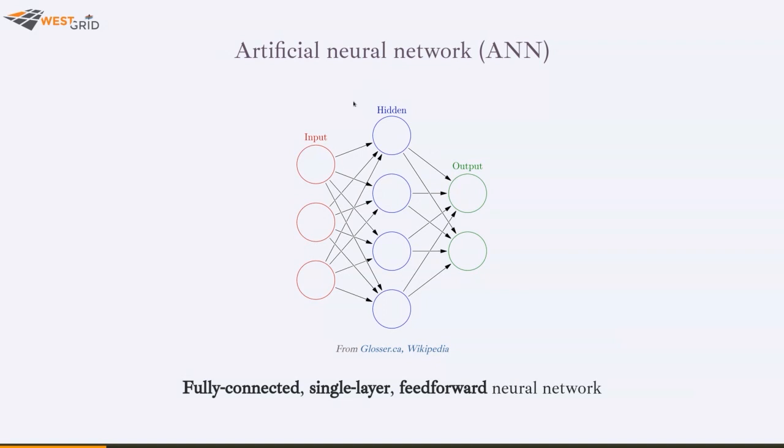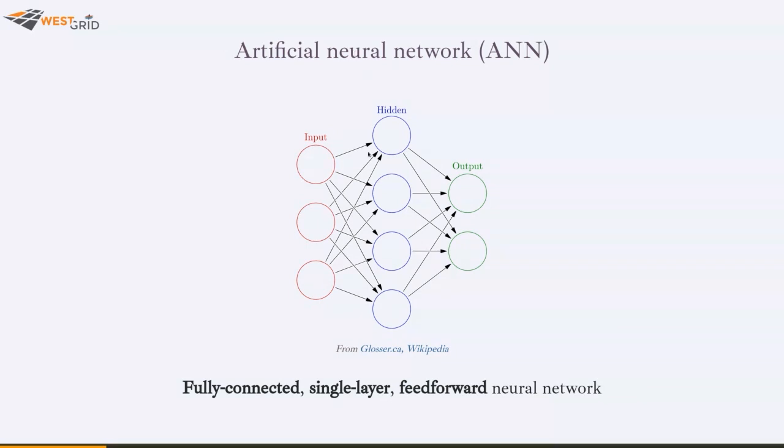It is a single layer neural network. When we count layers in neural networks, we only count the number of hidden layers. So a neural network has first an input layer. In the case of an image, which is what we'll talk about today, those would be individual pixels, for instance. So the size of the input layer would be the number of pixels you have.